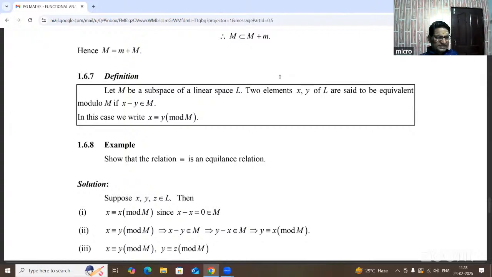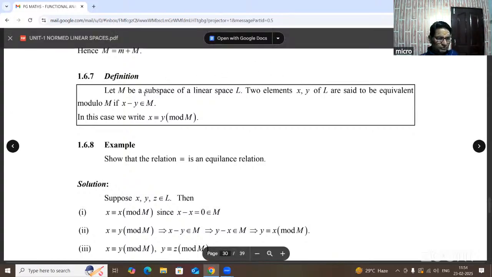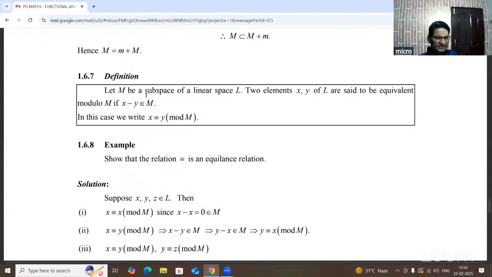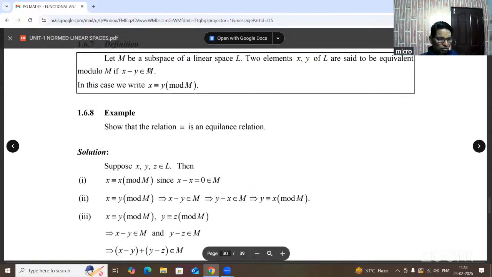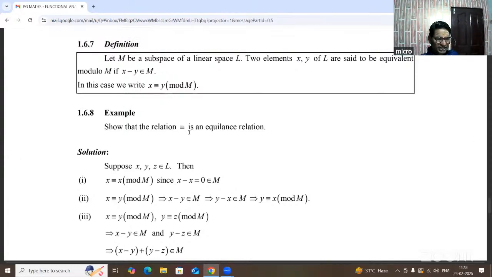So x minus y belongs to capital M. X minus y belongs to capital M means x is congruent to y modulo M. This is the definition of x minus y mod M, meaning x is congruent to y mod M. That is, the congruence relation is an equivalence relation. That is the question. Please note down: the congruence relation is an equivalence relation.